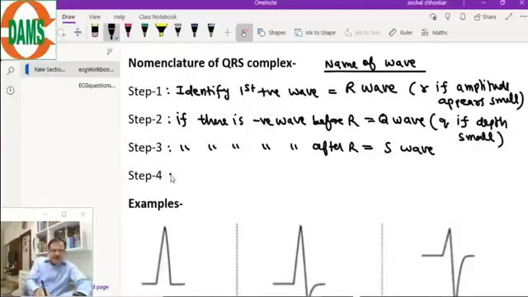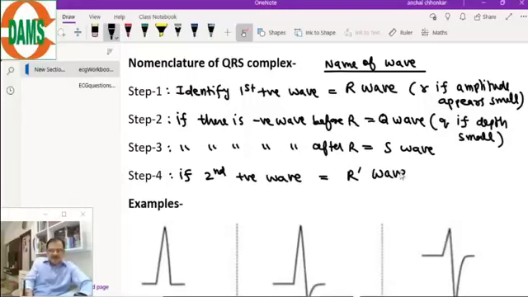Step number 4 is if there is a second positive wave, call this R dash wave. The second positive wave will be known as the R dash wave. So these are the nomenclature principles, the steps of nomenclature.